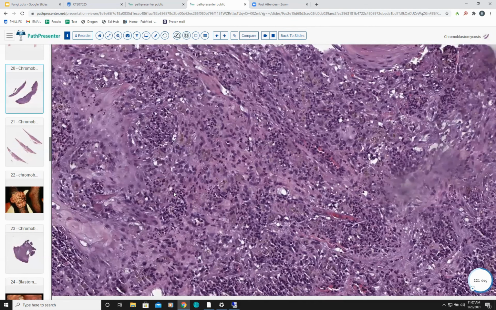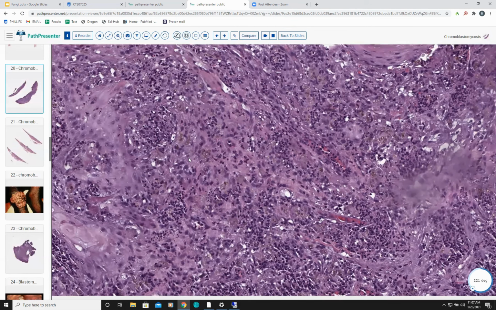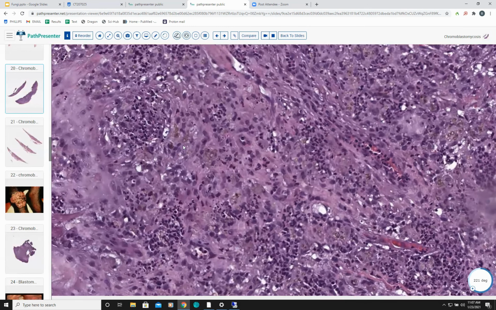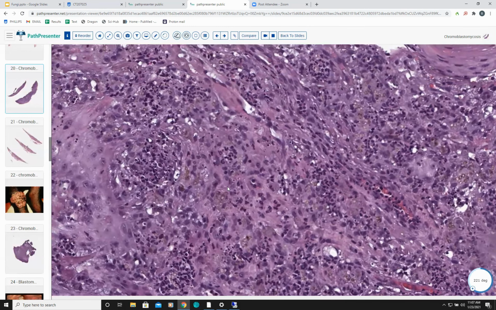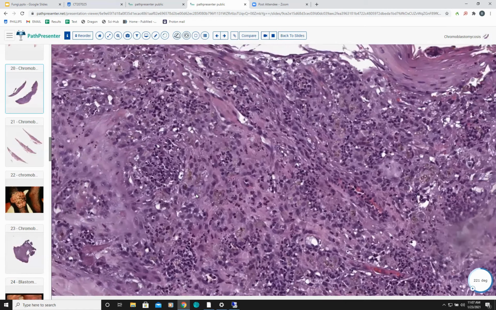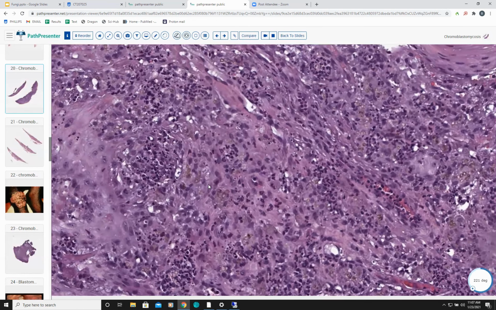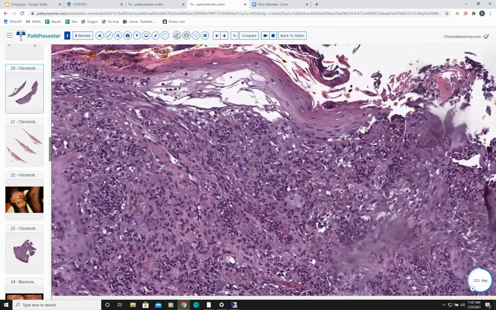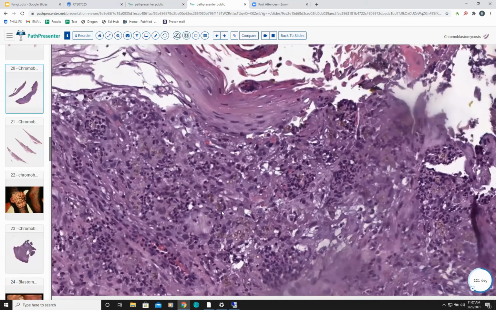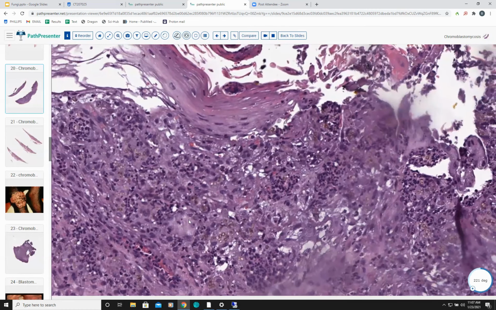The inflammatory cell infiltrate is neutrophils and lymphocytes, and you can see again these brown things. And these look different because they are like copper pennies. There's no budding and no hyphae. So the differential for a pigmented fungus like this is phaeohyphomycosis. But this one does not have the hyphal forms, and this is chromomycosis. Beautiful case.